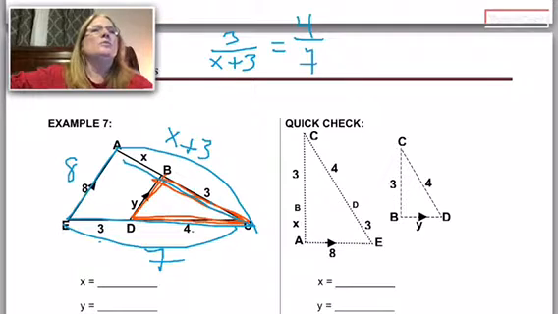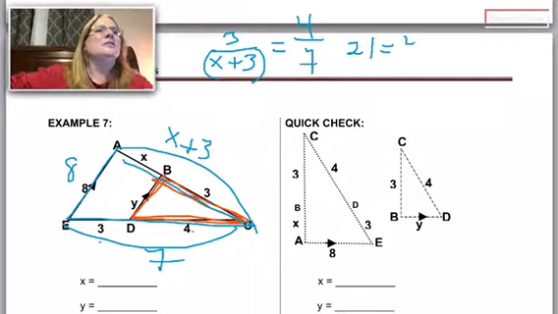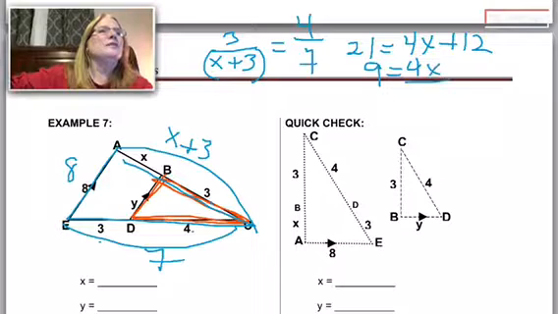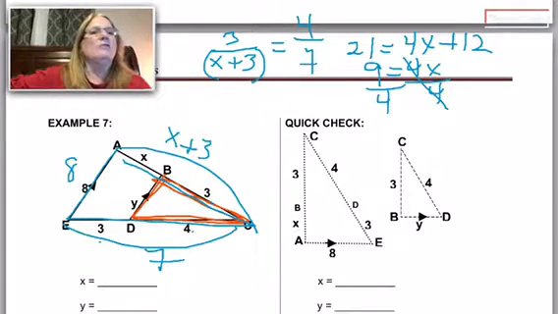And when I cross multiply, make sure you put that in parentheses. You're going to get 21 is equal to 4x plus 12. If you subtract 12, you get 9 is equal to 4x, and x is equal to 9 over 4. And it's fine if you just leave it as 9 over 4.